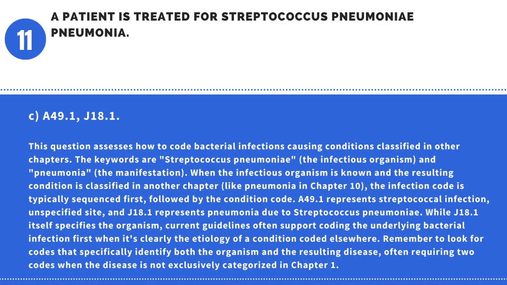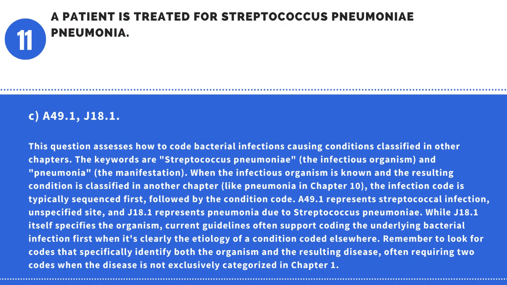The keywords are Streptococcus pneumoniae, the infectious organism, and pneumonia, the manifestation. When the infectious organism is known and the resulting condition is classified in another chapter, like pneumonia in Chapter 10, the infection code is typically sequenced first, followed by the condition code. A49.1 represents streptococcal infection, unspecified site, and J18.1 represents pneumonia due to Streptococcus pneumoniae.